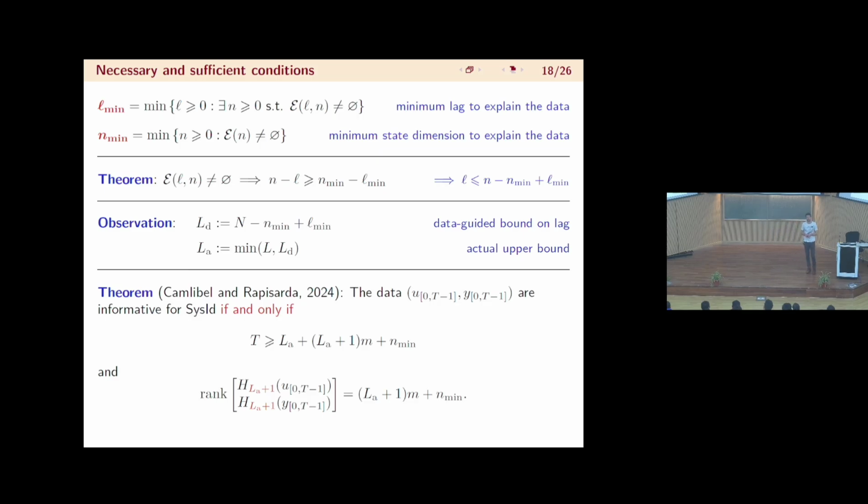So these were the necessary and sufficient conditions. Note that in this condition, the depth of the Hankel matrix is determined from the data, because it depends on this actual bound on the lag, which depends on N_min and L_min.